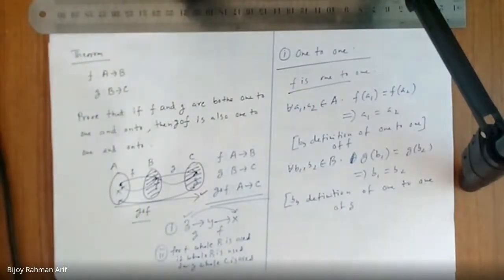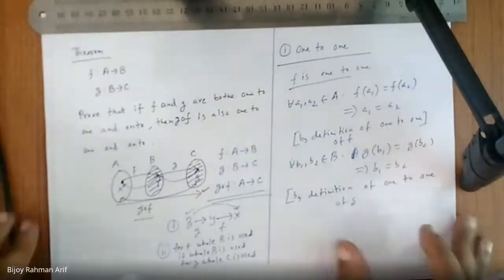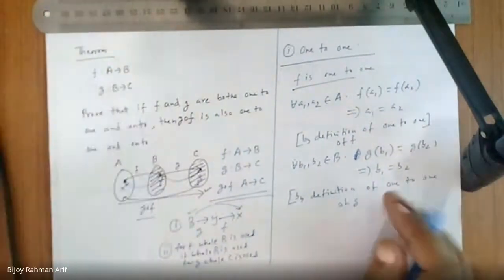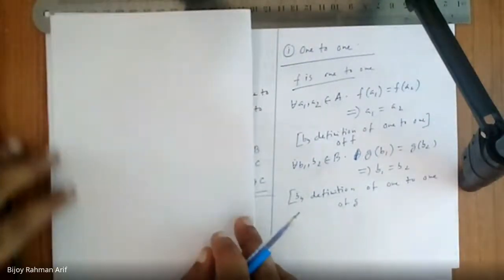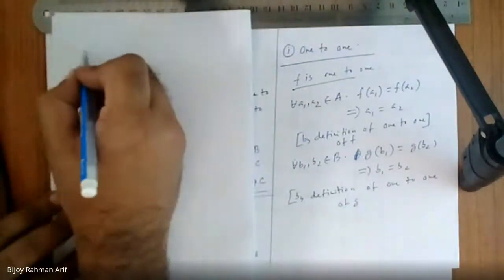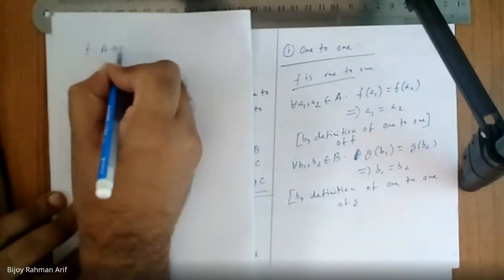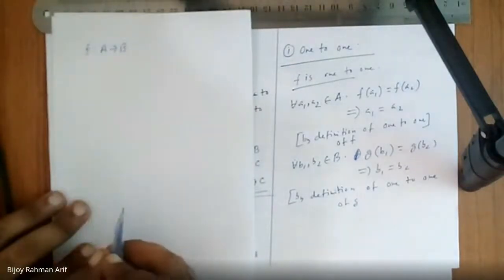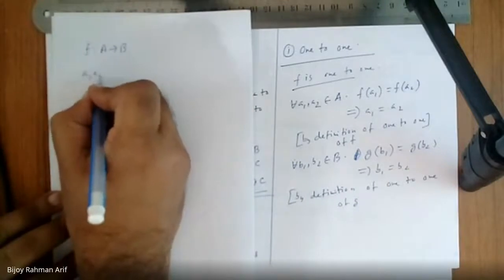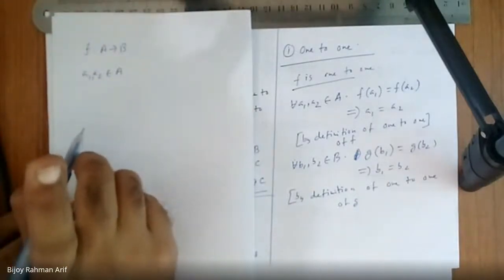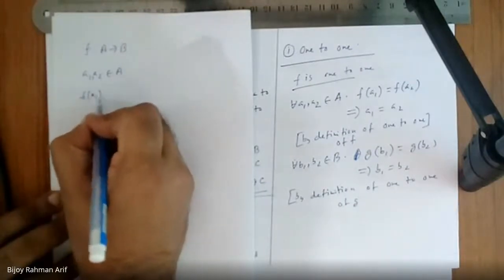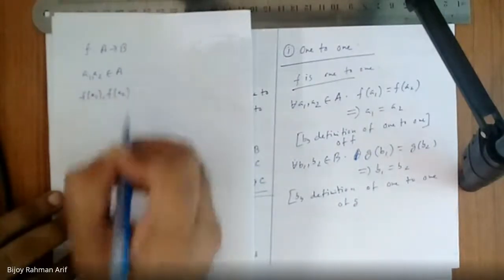See, F is a function from A to B. Am I right? Yes. So A1 and A2 belong to A. Then F(A1) and F(A2), what do they belong to?